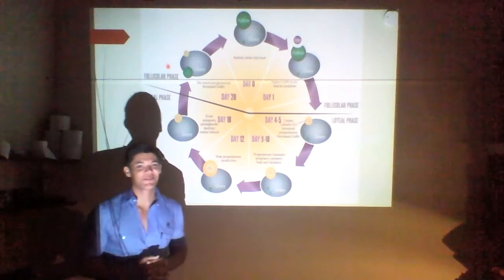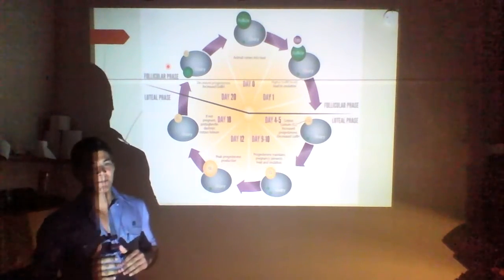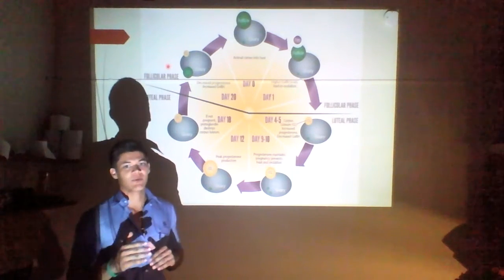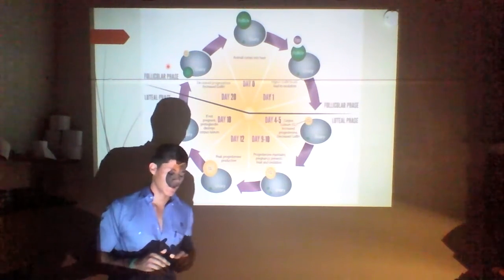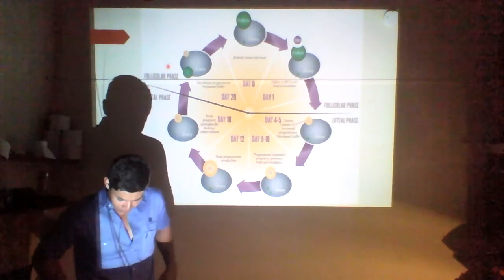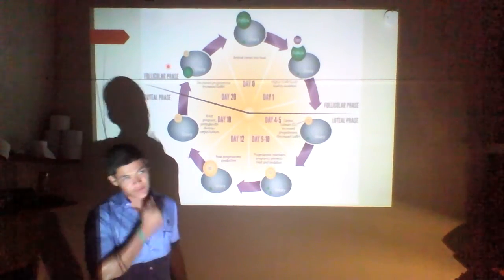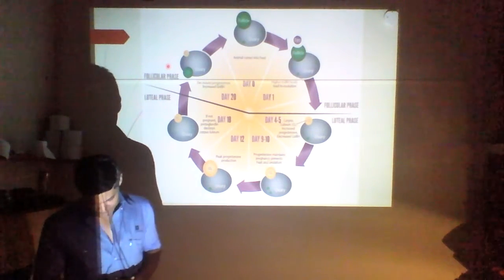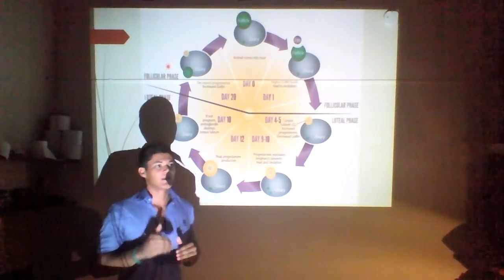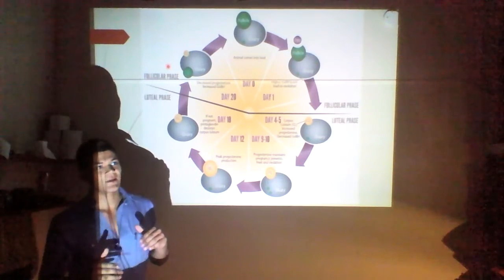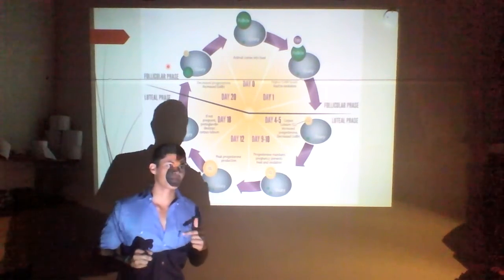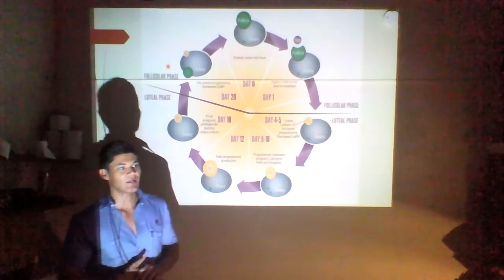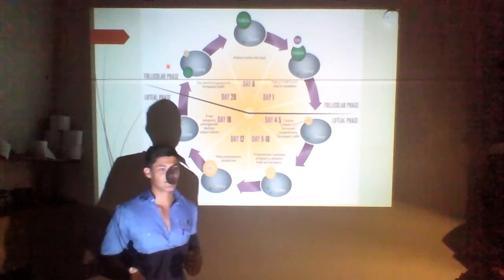Every time the follicles increase, they reach a critical point of the estradiol, and this critical point triggers a preovulatory surge of LH, which leads to ovulation.